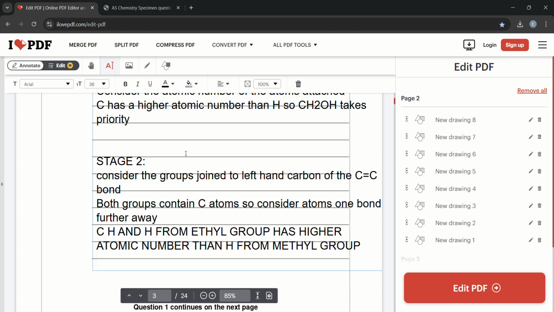And then what takes priority? Ethyl group takes priority.